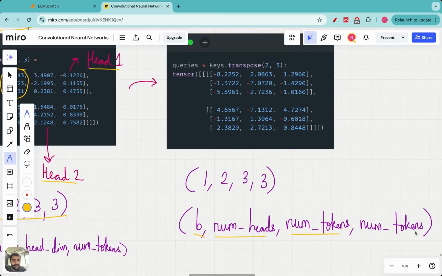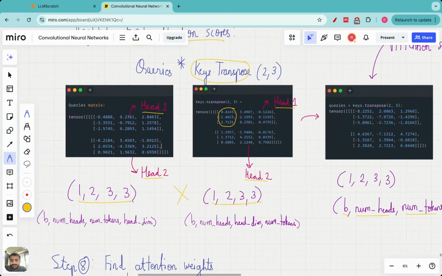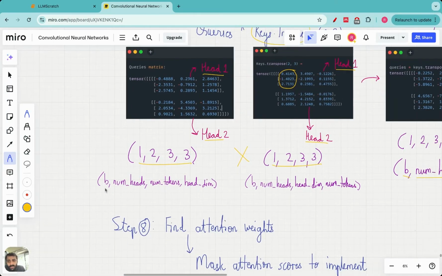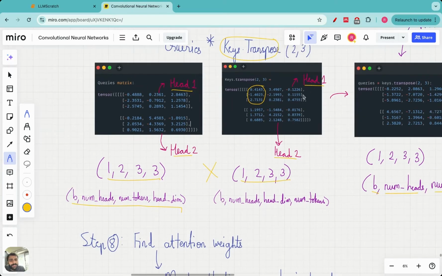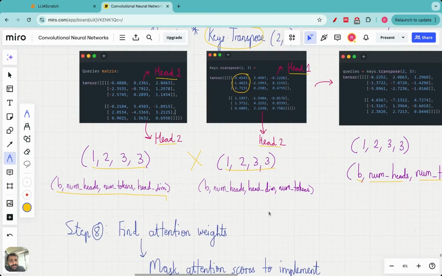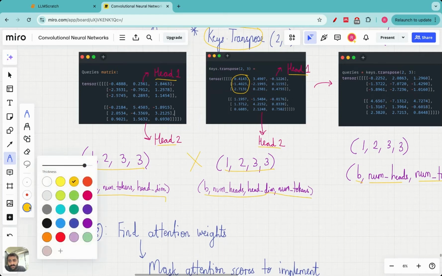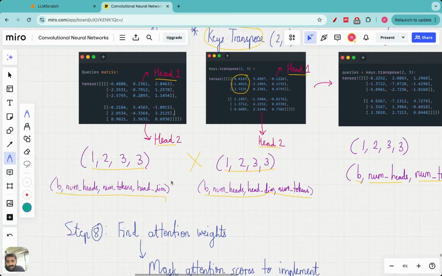Let me show you why. If you look at what we are multiplying here, the queries dimensions are b comma number of heads comma number of tokens comma head dimension, right? And when we do keys transpose 2 comma 3, the dimensions here are b, number of heads, head dimension, comma number of tokens. So essentially you can think about it like we are multiplying two matrices with the dimensions number of tokens comma head dimension multiplied by head dimension comma number of tokens.